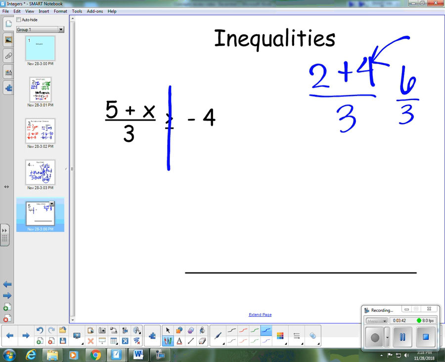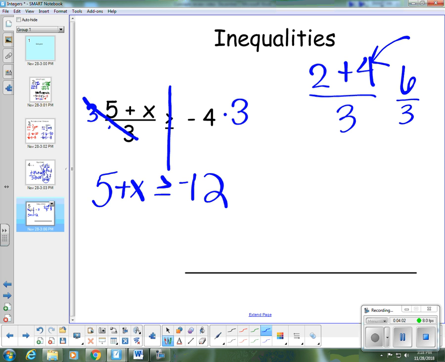So because we did the numerator first, we're doing reverse order of operations when we're solving equations. We're going to get rid of the denominator first. We're getting rid of divided by 3 by multiplying by 3, and that cancels. What we do to one side, we do to the other. I'm left with 5 plus x is greater than or equal to negative 12.